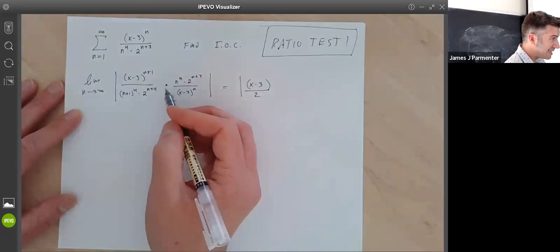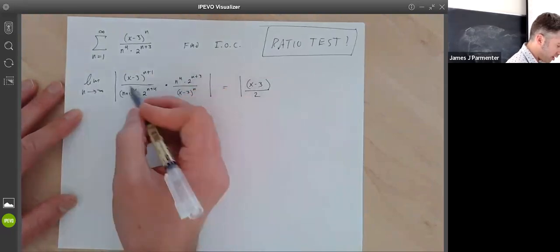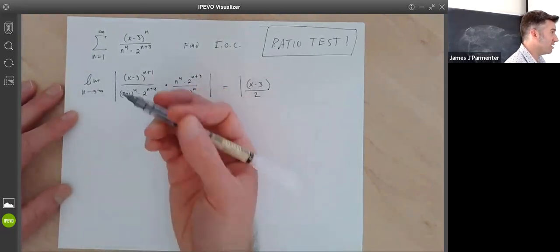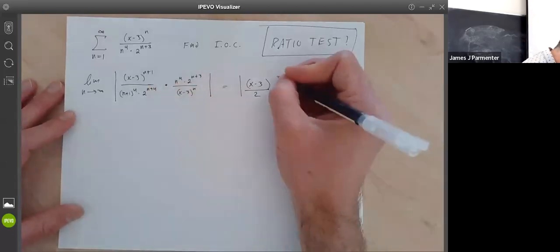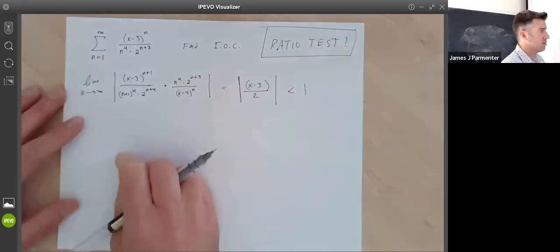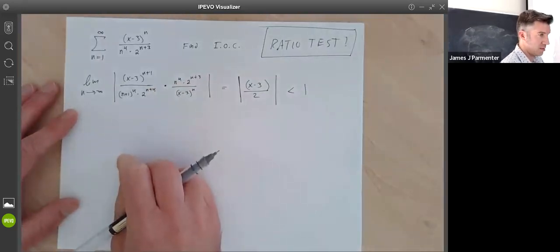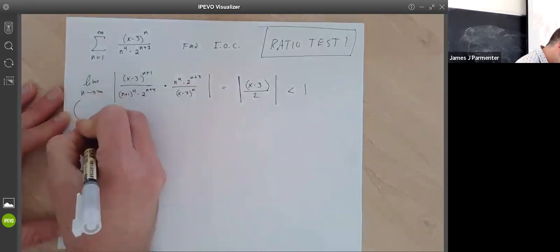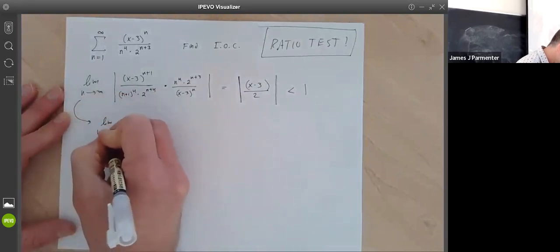And then the limit of n to the 4th over (n plus 1) to the 4th is 1. So I feel like you all could go straight from here to here without too much trouble.